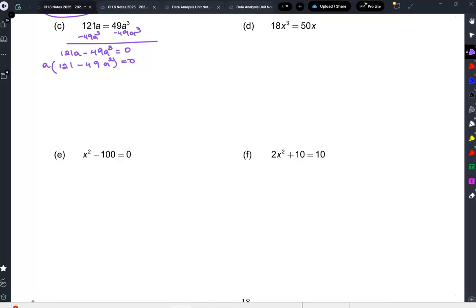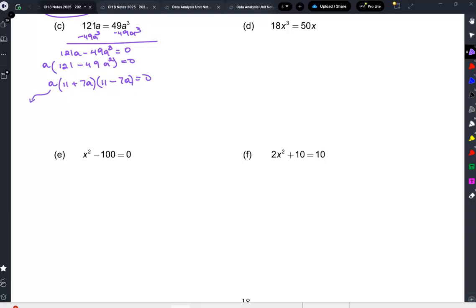Okay. So now a times. This I can factor because perfect square, perfect square. 11, 11, 7a, 7a, plus minus. Okay. So now, look at this.